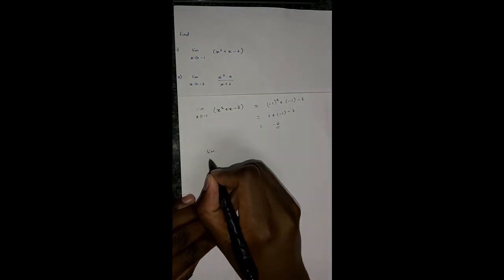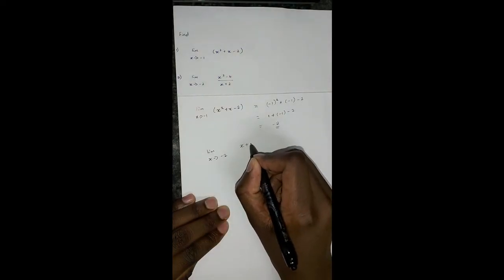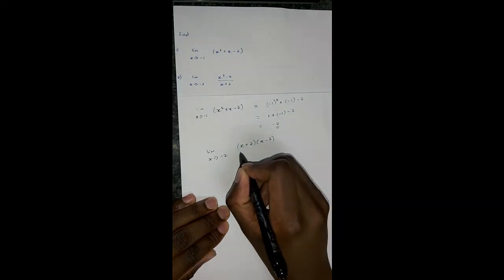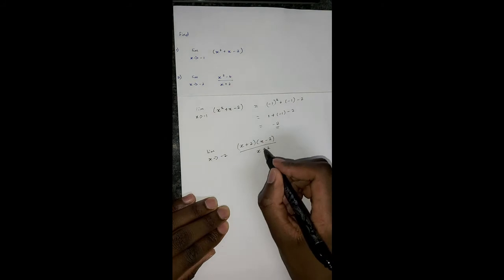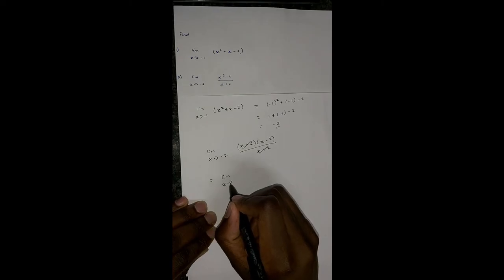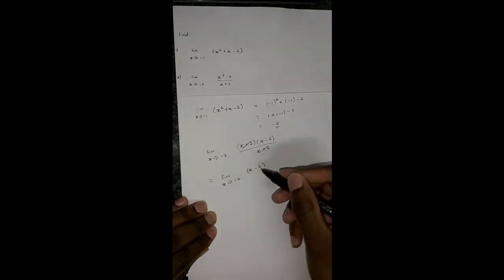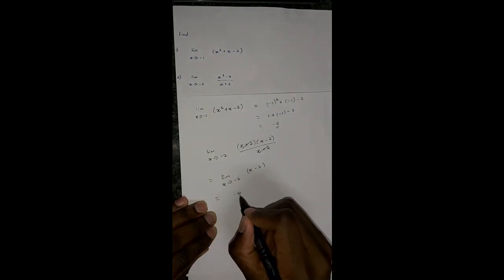The limit as x approaches negative 2 of x plus 2 times x minus 2, everything over x plus 2. Then those factors cancel out, such that you have the limit as x goes to negative 2 of x minus 2. Then if you plug in negative 2, you're going to have negative 4 as your limit.